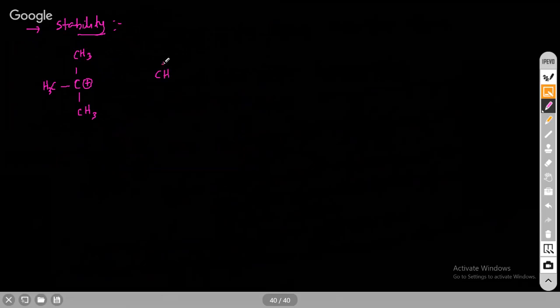Then we have CH positive, CH3, CH3, then CH2 positive with CH3, and then we have CH3 positive, methyl.